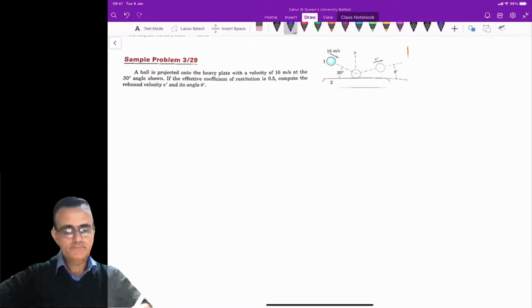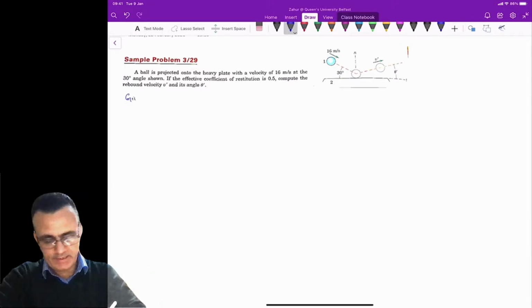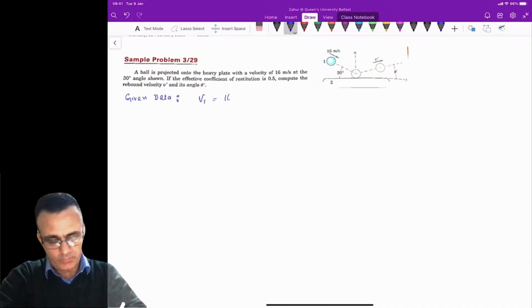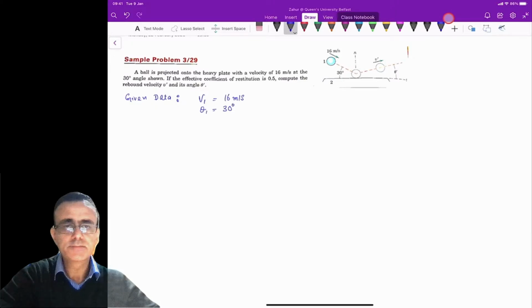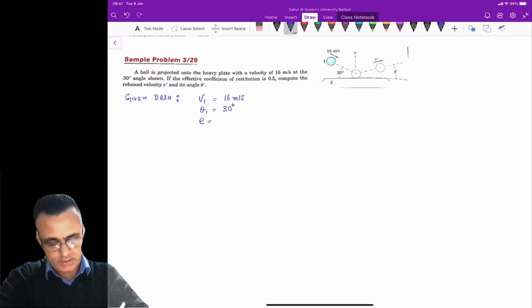So as you can see in this case, the given data are v1, which is 16 meters per second, theta 1, which is 30 degrees, and the coefficient of restitution, which is 0.5.